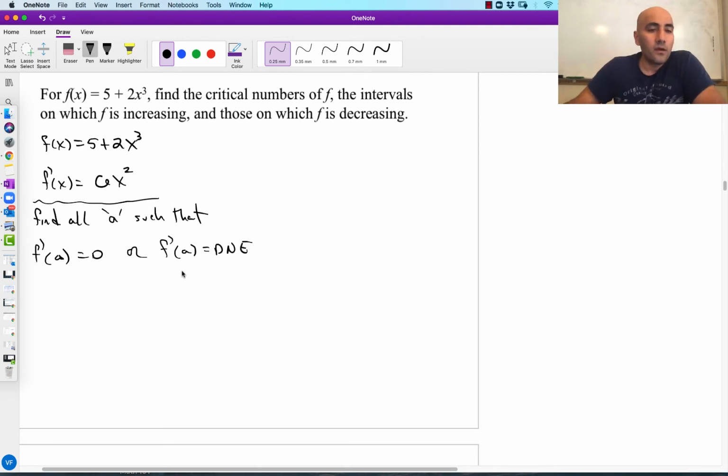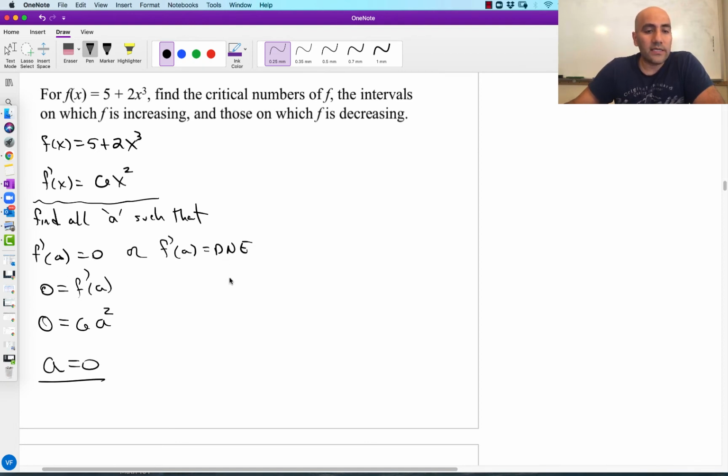If we set it equal to 0, we get 0 equals f prime of a, which means 0 must be equal to 6a squared. If we solve for a, we see that a must be 0. So that's one of the points we get.